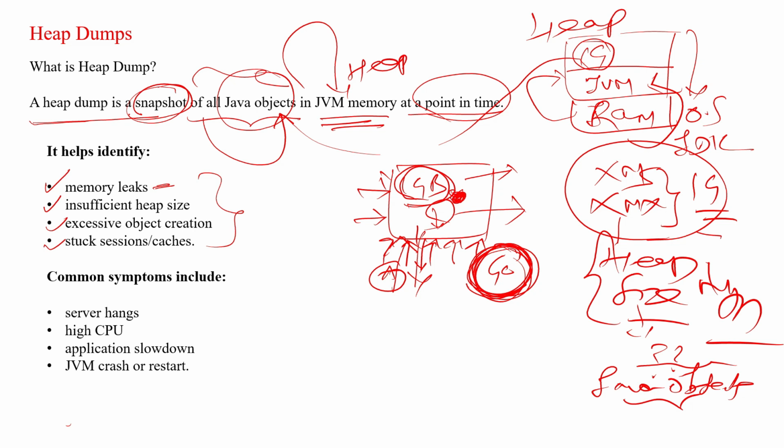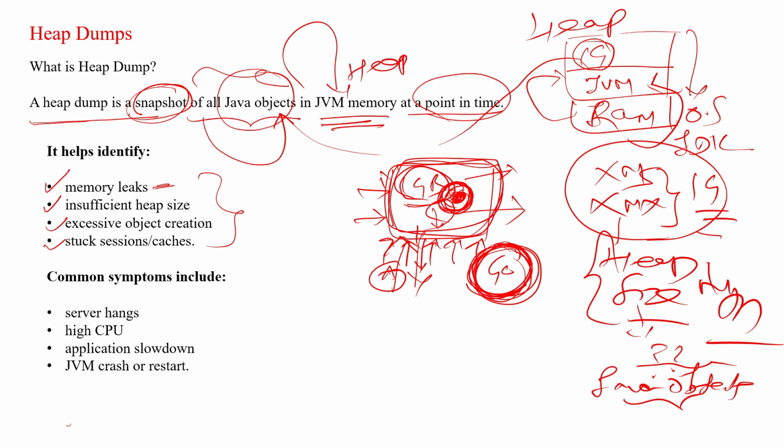Then that particular object will keep remaining inside the Java heap, even though the request has been completed and the object has to be cleaned from the heap size. Due to certain problems or reasons, the object is not marked as dead or unused, so GC will not clear it and it will remain inside your JVM heap.